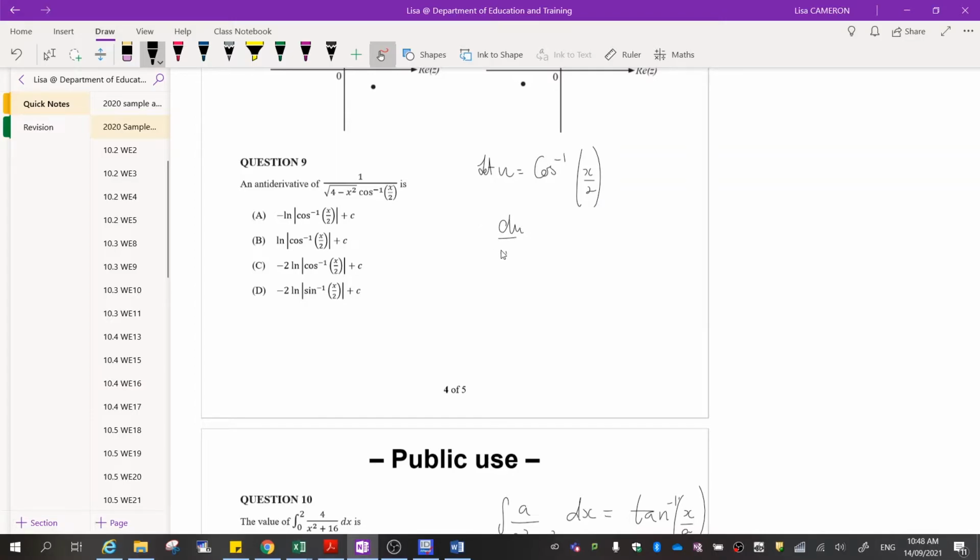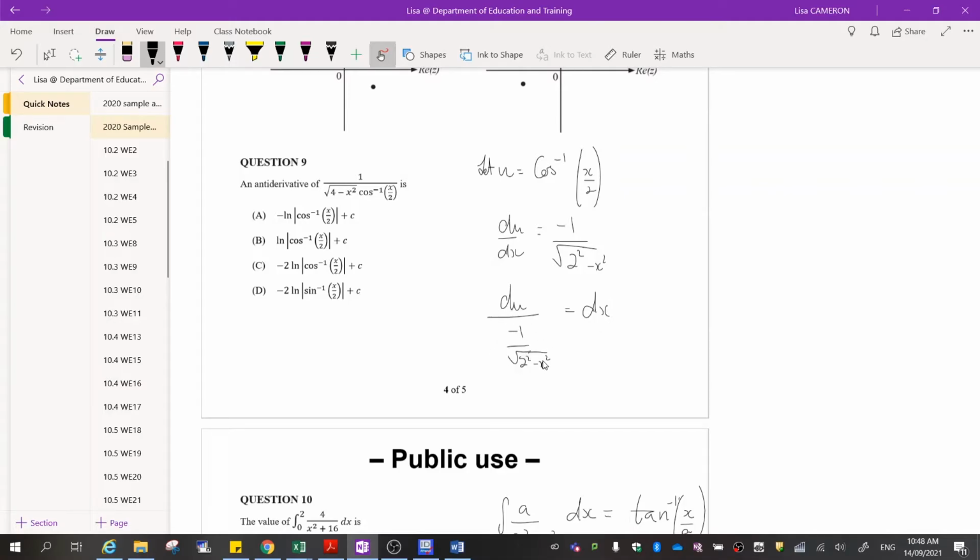So du over dx is going to be equal to -1 over root 2 squared minus x squared. Now, this is taken from the formula booklet, so just make sure that you've got that next to you while you're revising. Okay, so du over -1 over root 2 squared minus x squared is equal to dx.